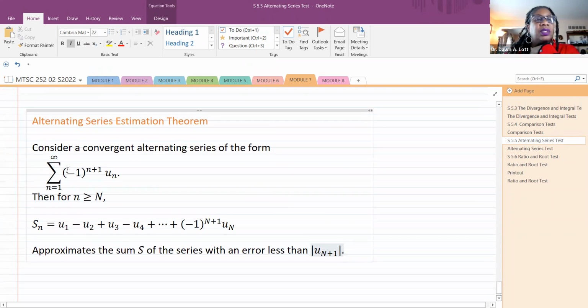It says, consider an alternating series that we already know is convergent. Then we can compute the nth partial sum of this series, up to n, and that will be such a good approximation to the true value of the series that its error will be less than the next term.